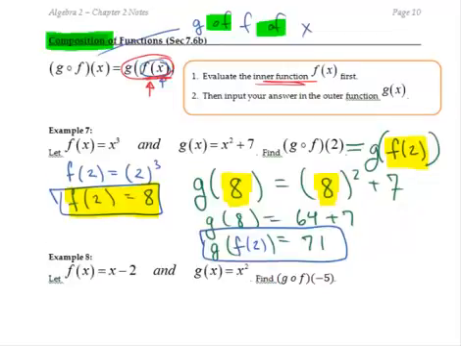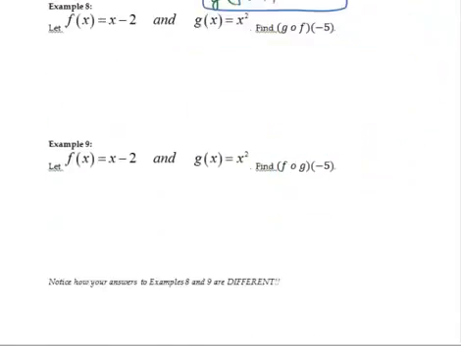Let's look at another example. Again, always that inner function first. So this one right here, what we need to input first is this little -5, and let's rewrite this. So when we rewrite this, we get g of, and then inside that we'll put f of -5.